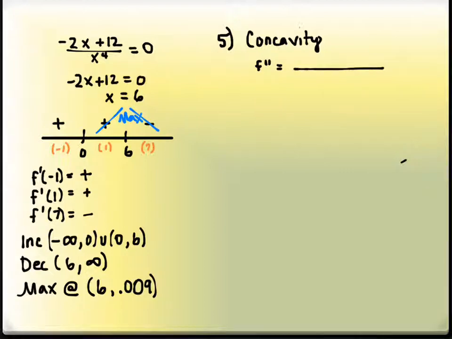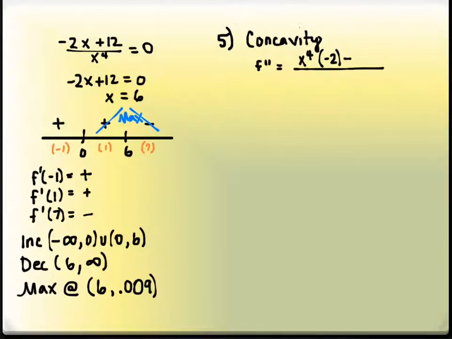So what do I get? How do I start? Thank you. X to the 4th. I need the derivative of the top. What's the derivative of the numerator? Negative 2. Okay. Minus.